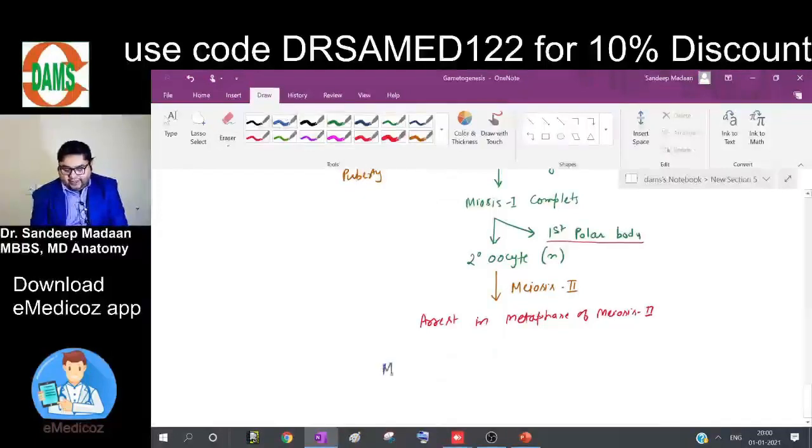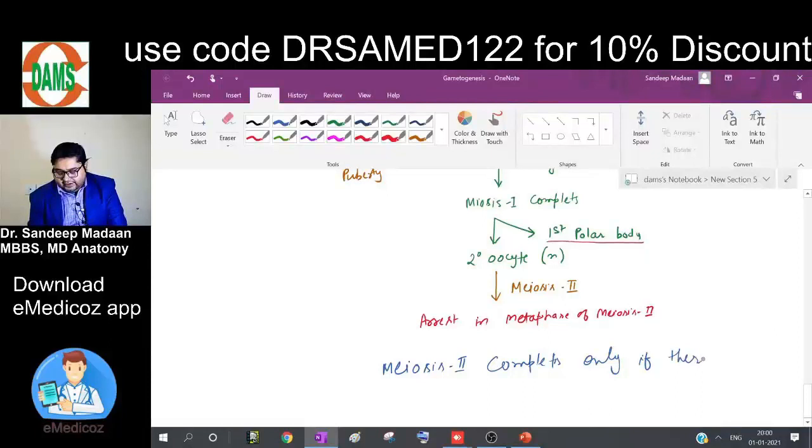only if there is fertilization. Meiosis 2 completes only if there is fertilization.